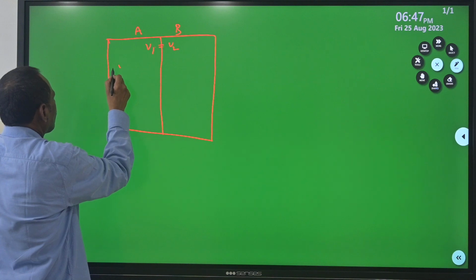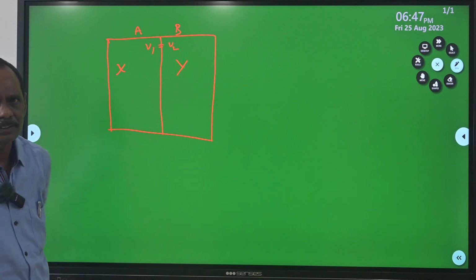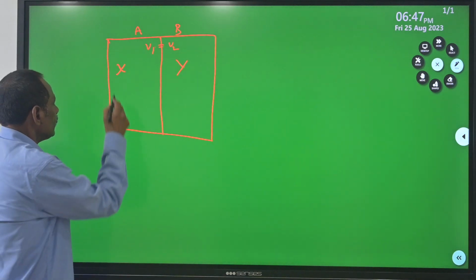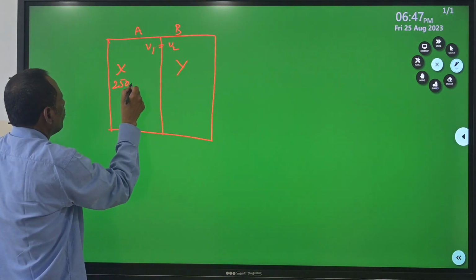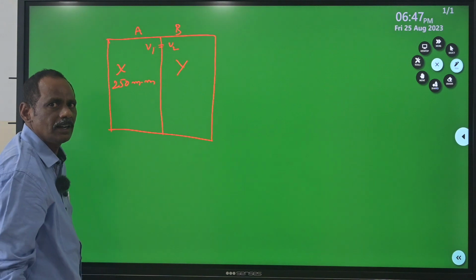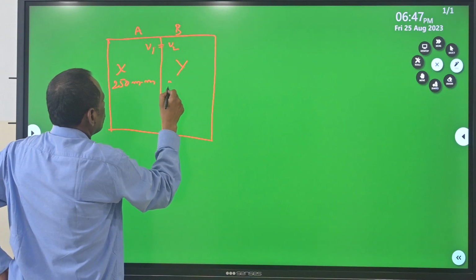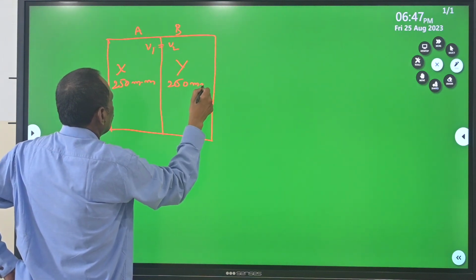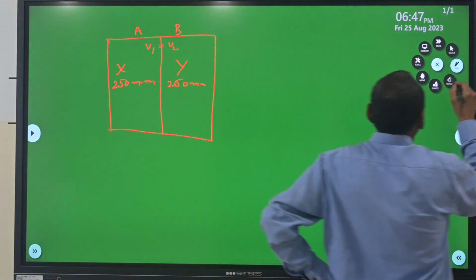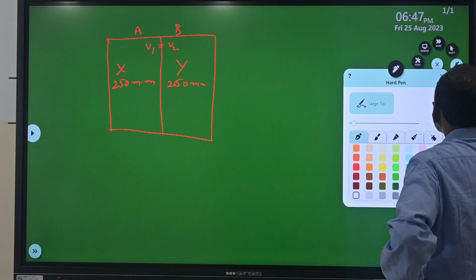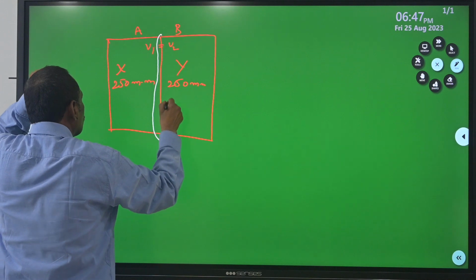The first portion is filled with a gas, that is X, and the second portion is filled with a gas, Y. The gas X is present in the first compartment with a pressure of 250 millimeters. And the second gas Y is also present in the B compartment with the same pressure, 250 millimeters. What will happen if the partition is removed? What will happen if the middle partition is removed?